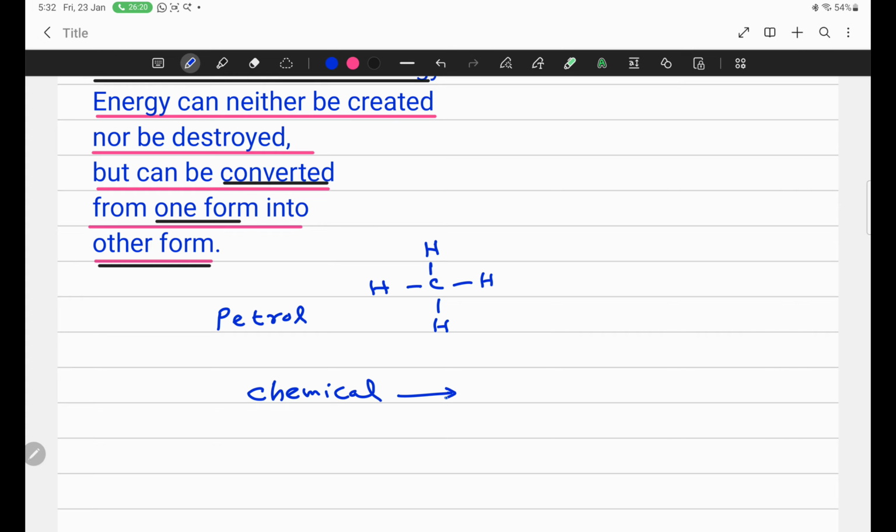And when this petrol is burnt, then obviously chemical energy converts into thermal energy. And this thermal energy is used to run an engine. In a generator, there is an engine, and this heat runs the engine in which a coil starts rotation.